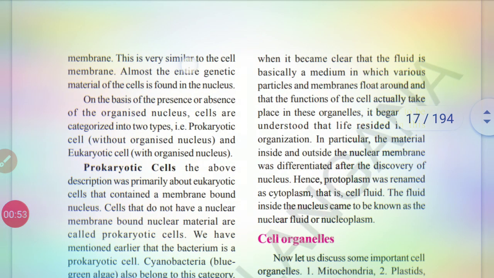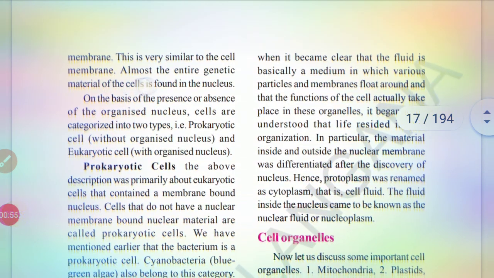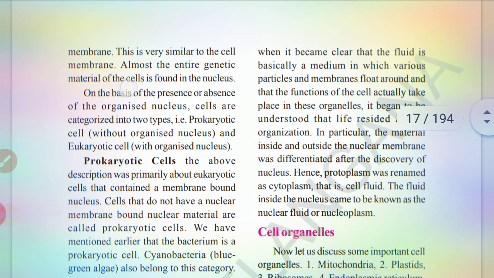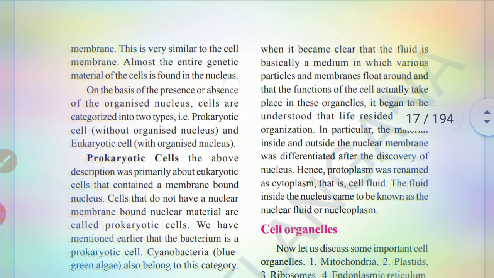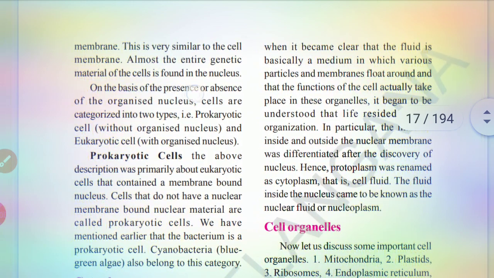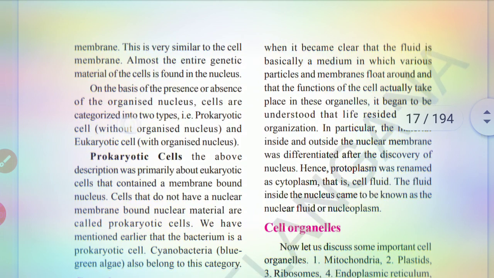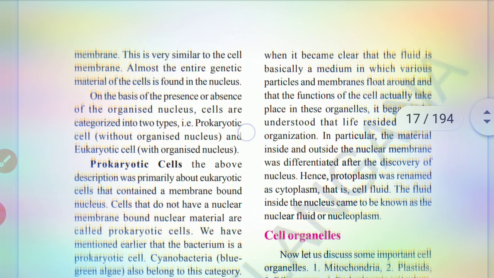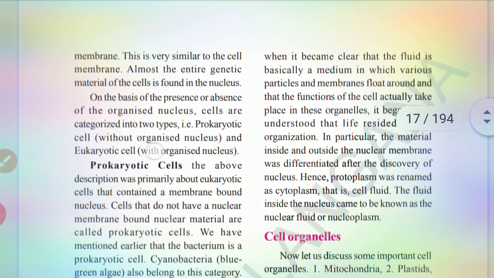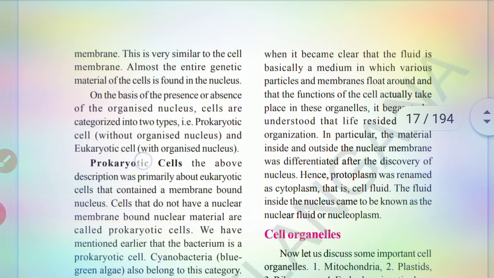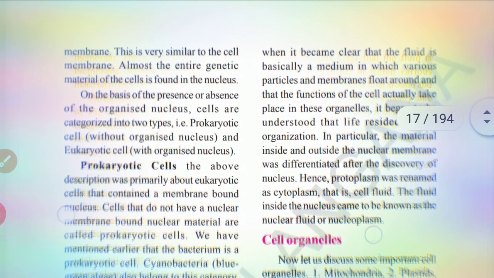This is very similar to the cell membrane. Almost the entire genetic material of the cells is found in the nucleus. On the basis of the presence or absence of the organized nucleus, cells are categorized into two types, that is prokaryotic cell without organized nucleus and eukaryotic cell with organized nucleus.